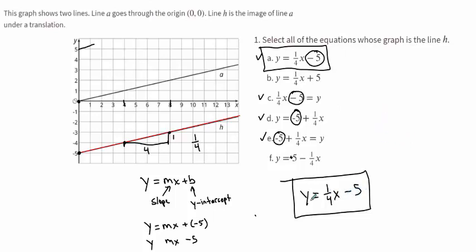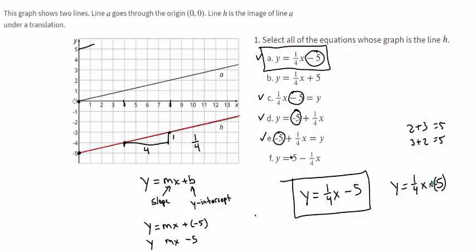But what I could do, since I wrote it earlier as y equals 1/4 x plus negative 5, is use the addition. The commutative property says I can move things around, right? 2 plus 3 is equal to 3 plus 2. They both equal 5, just as an example.